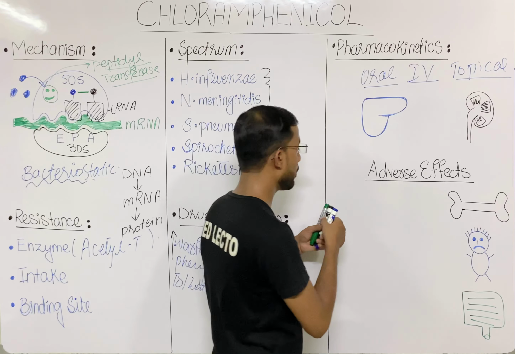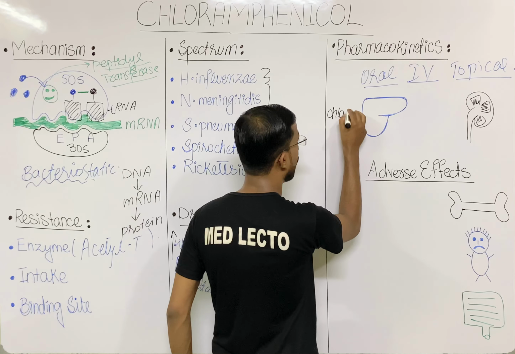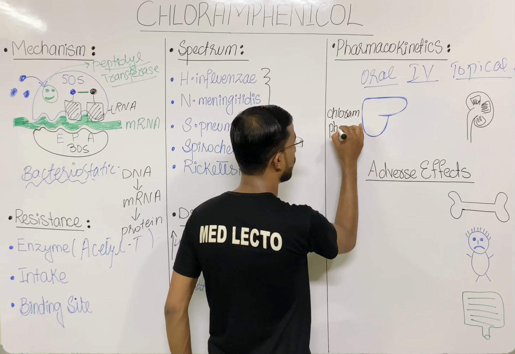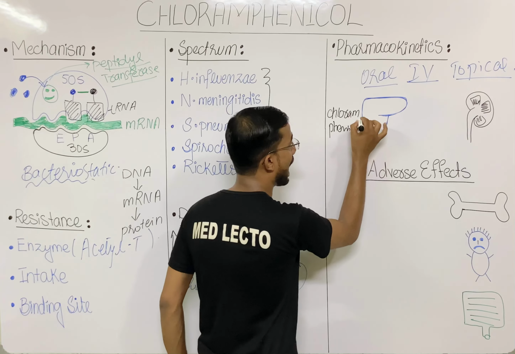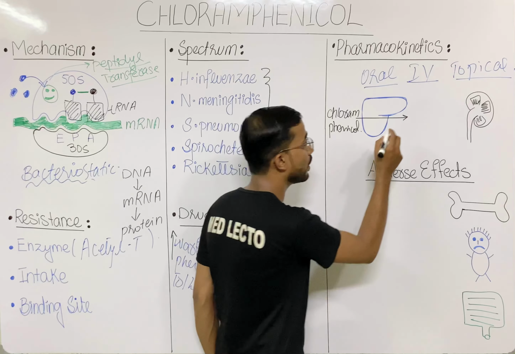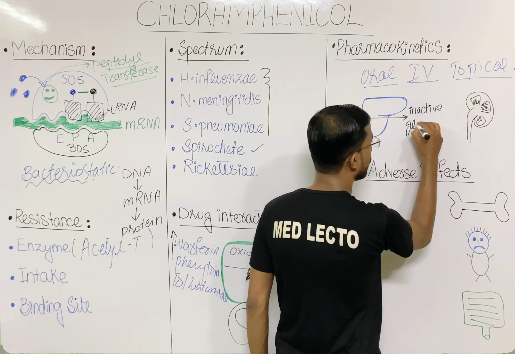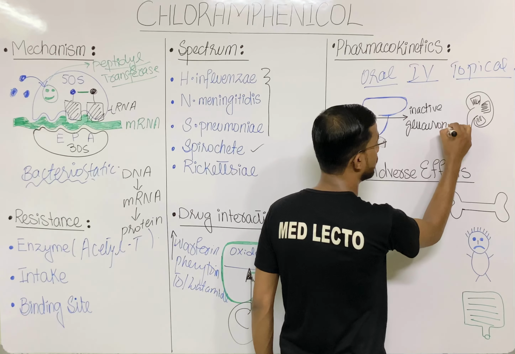So basically, chloramphenicol is metabolized inside the liver and converted into the inactive glucuronide.